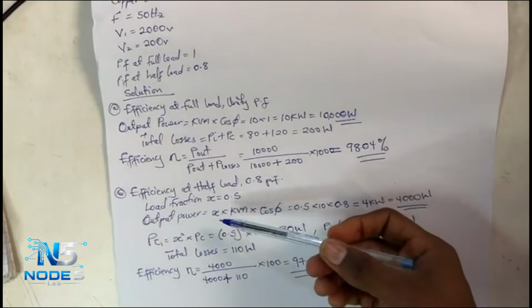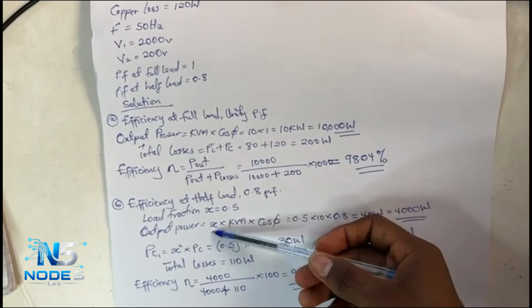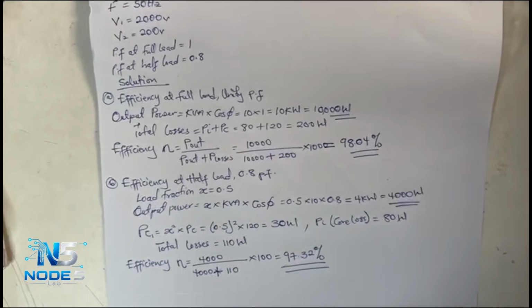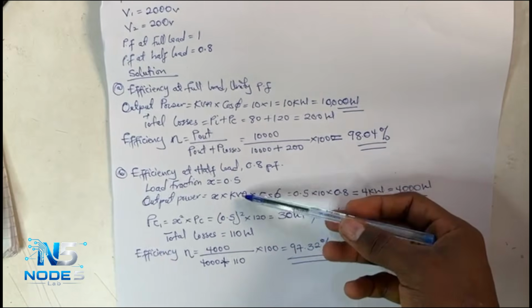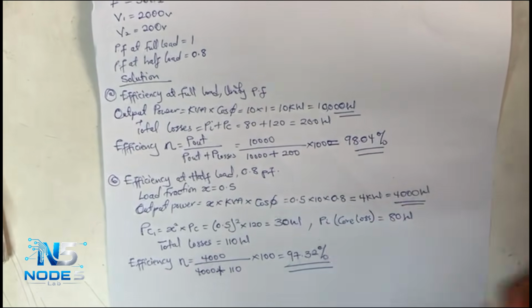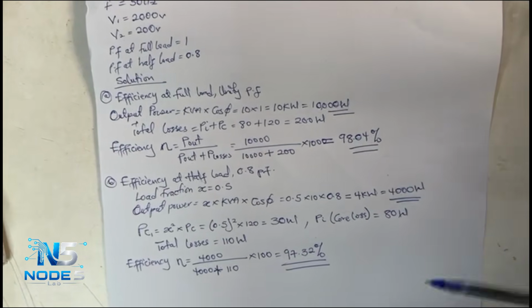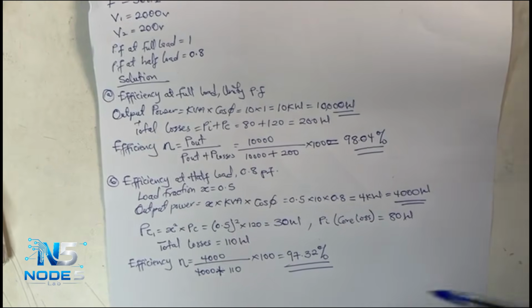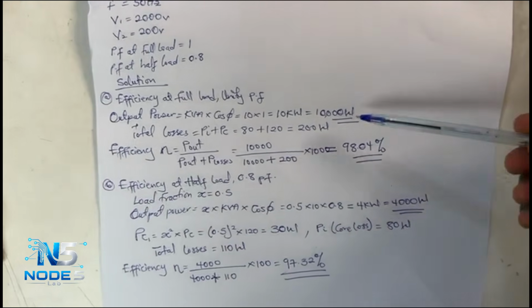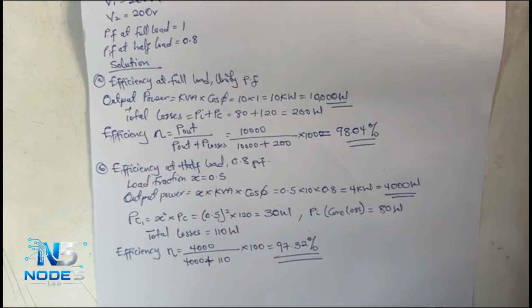So that's what we have done over here. We have the load fraction, which is 0.5, that's half of full load, times the kVA, the apparent power, times the power factor. That will give you 4 kilowatts, that's 4,000 watts. At full load we got the output power to be 10,000, but at half load we are getting the power to be 4,000.